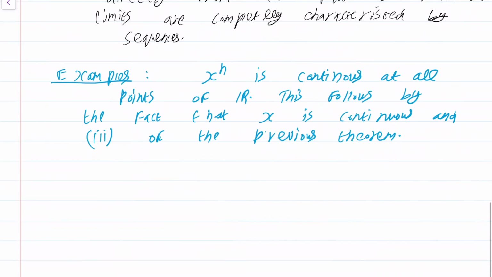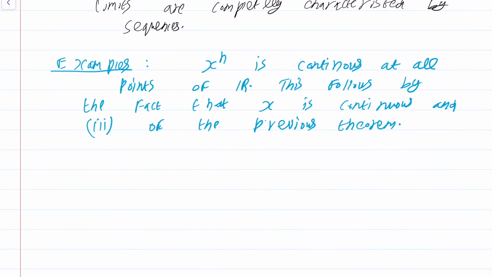Excellent. Yet another thing, look at a polynomial, which is an expression that looks like this: a_n x to the n plus up to a_0.